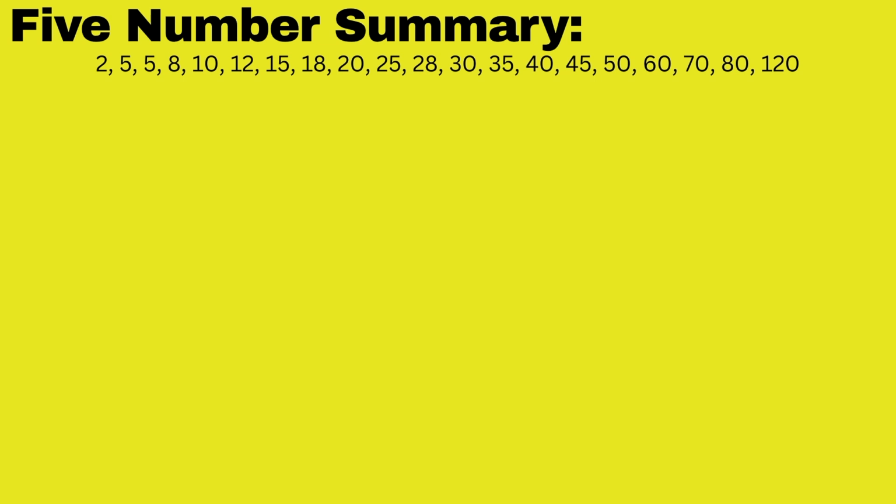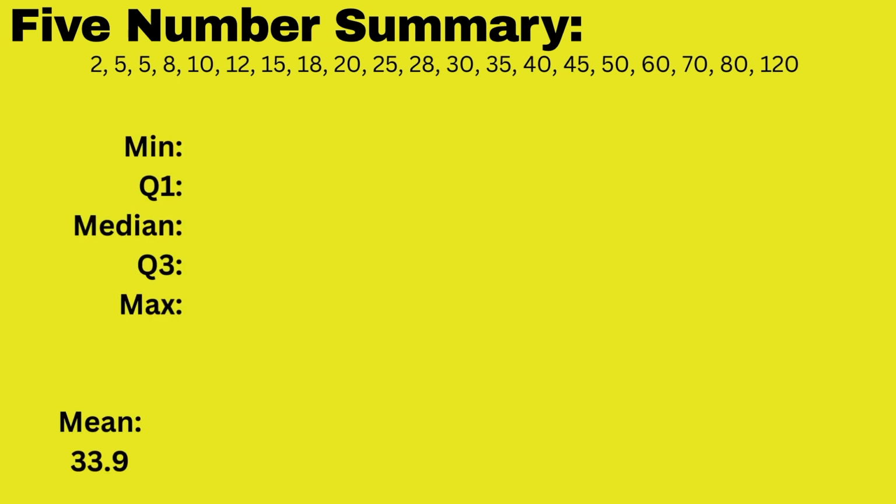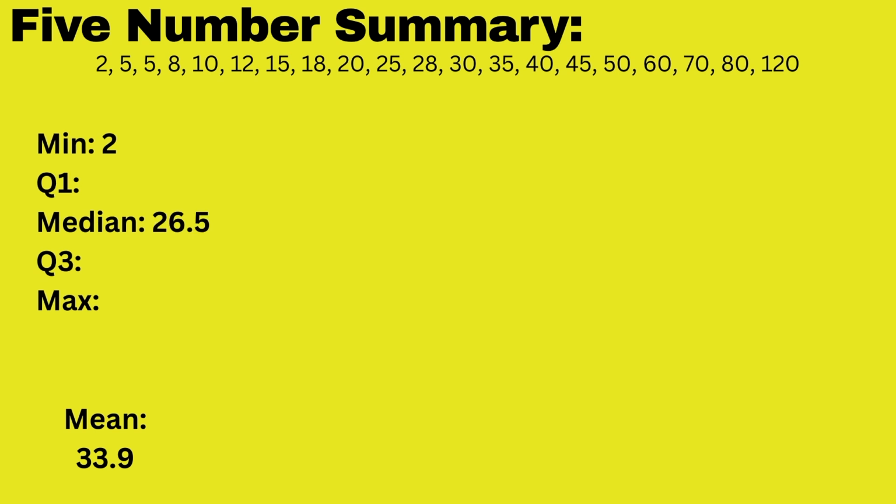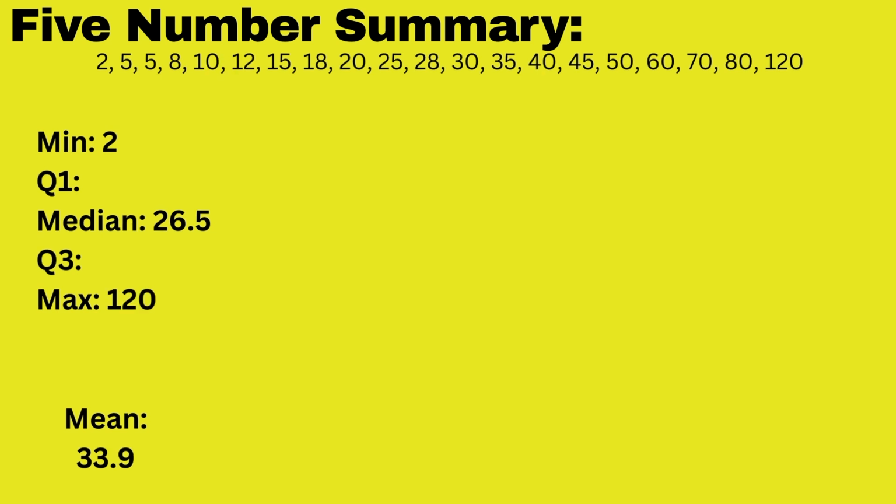What I like to do is list them out from least to greatest. So the minimum is 2. We can see this easily in our ordered data set. Q1 we'll come back to. The median is the middle value, and that we found already is 26.5. Q3 we'll come back to, and the maximum we can also see easily in our data set.